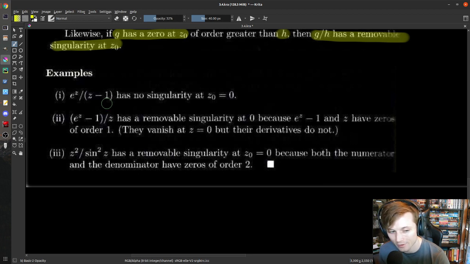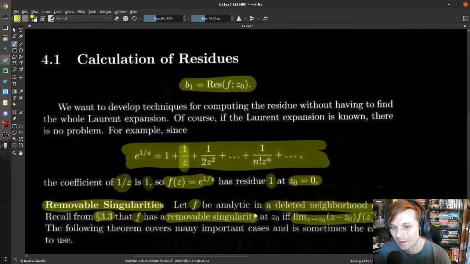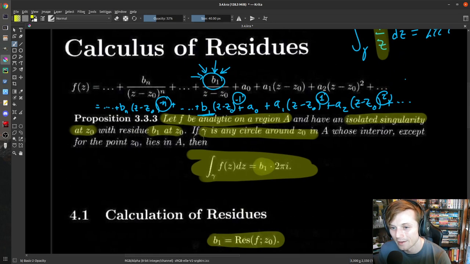Sorry, it seems like a dumb point to belabor, but I can guarantee that I will definitely see someone try to use techniques from this section to compute things that don't have singularities at a given point, and therefore results like proposition 3.3.3 don't apply.